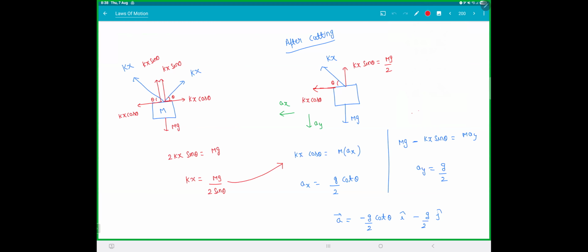Do have a look at the steps. This is before cutting and that's after cutting. Clear with this? Next thing.